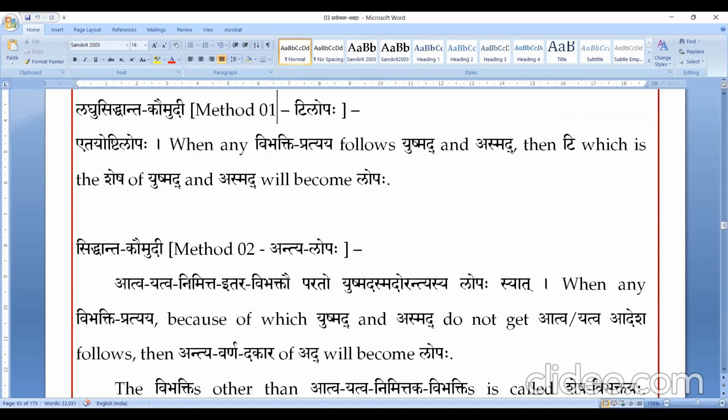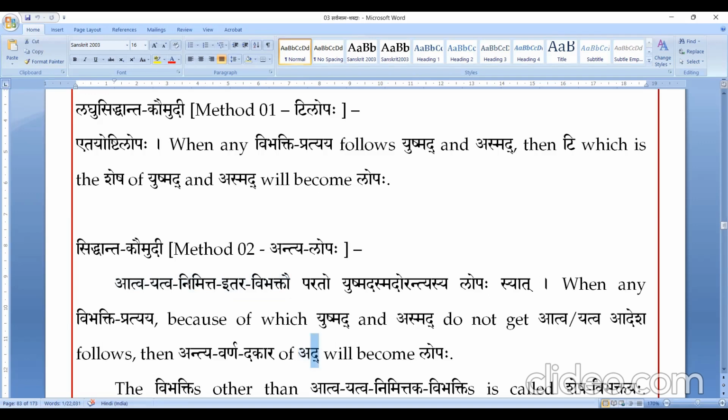Therefore, T Lopaha Bhavati. So both ways it is okay. How do we interpret the word Shesha? Sheshe, because it is in Saptami, therefore Sheshe Vibhaktau Pare: when Vibhaktis other than the Atva Yatva Nimitta ones follow. Sheshe Lopaha: Sheshe Vibhaktau Pare Lopaha. What Lopaha? By the general Paribhasha Antyasya Varnasya, Alantyasya, Dakarasya Lopaha.